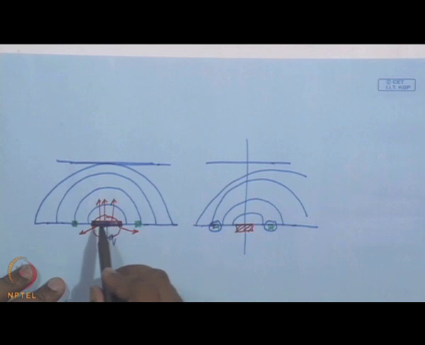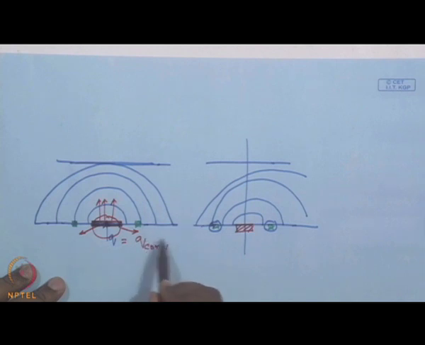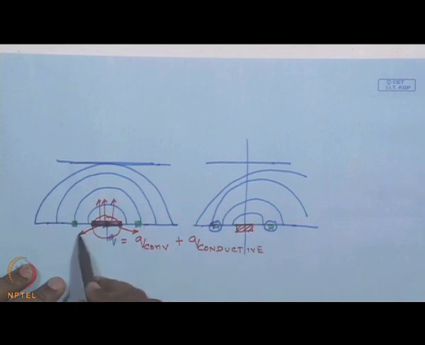So the total amount of heat which is being supplied to the heater will have a convective contribution, we will have some convective losses, plus there will be some conductive losses from the heater to the solid.